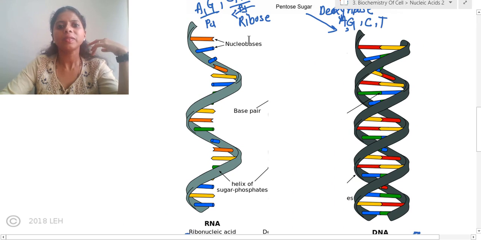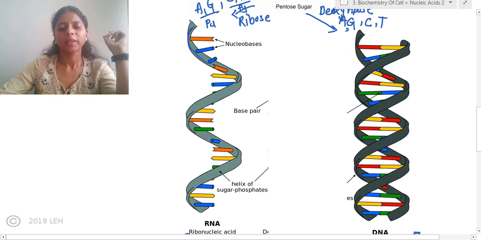Now if you see the structure of RNA, whatever you see over here, this grey colored structure is nothing but sugar and phosphate joined. So here there will be phosphate, agree? And here there will be sugar. Then next phosphate, next sugar, again phosphate, sugar.